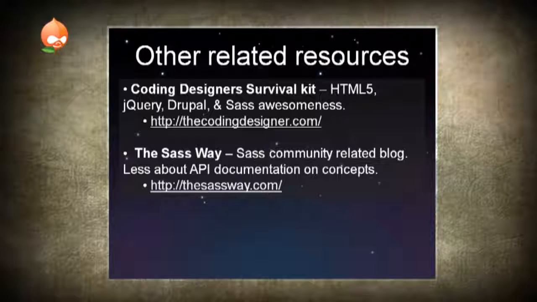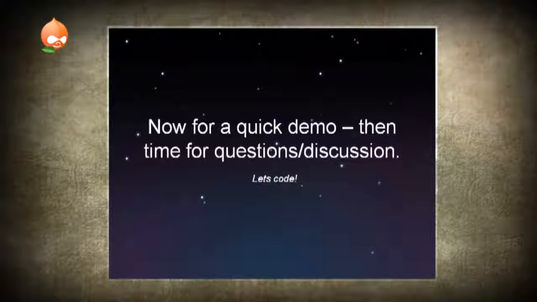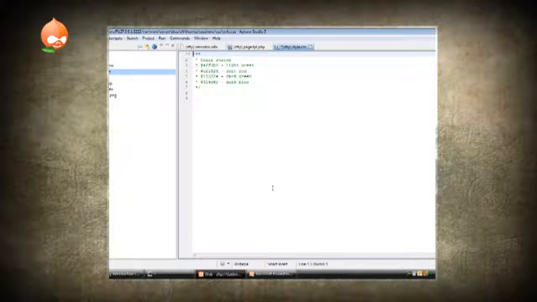But the Sass Way explains a lot of the concepts behind Sass, like why you should use SCSS syntax over standard Sass syntax. If you're looking to check out the concepts behind it more, that's a great place to go.